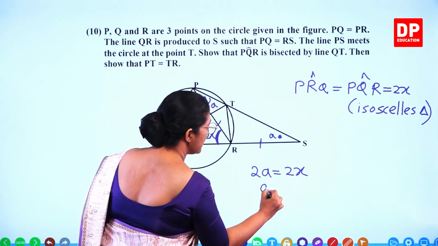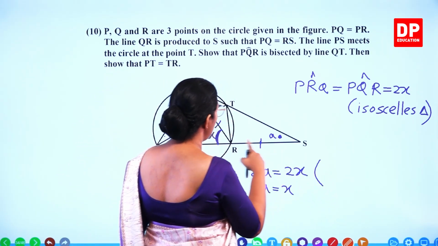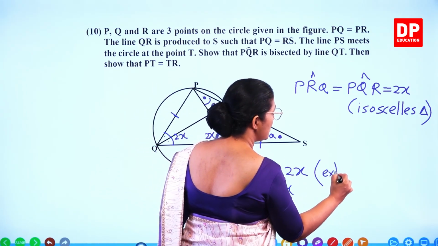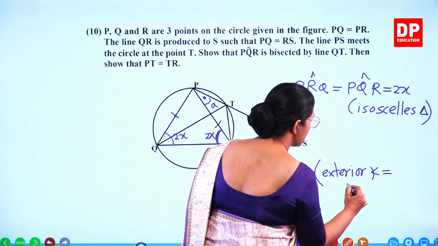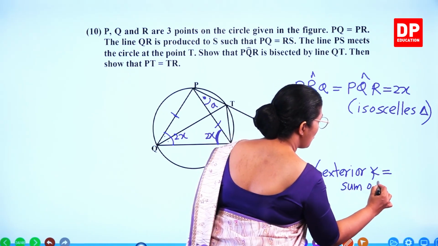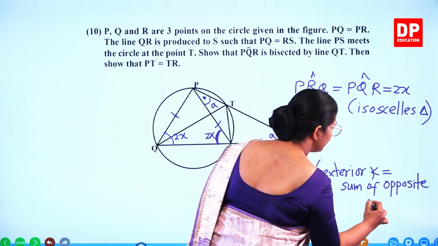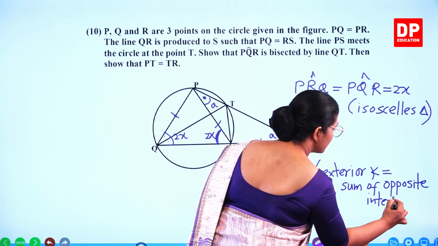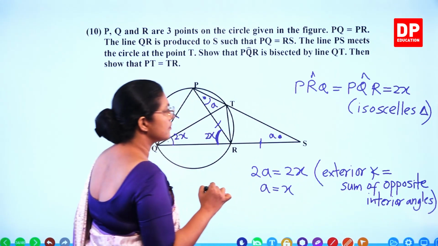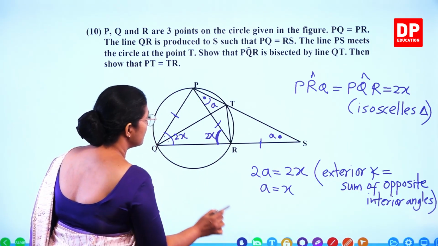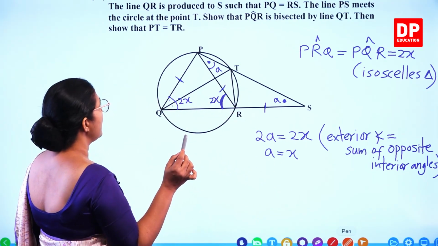So we can say that A equals x, because the exterior angle is equal to the sum of opposite interior angles. So that's same angle.